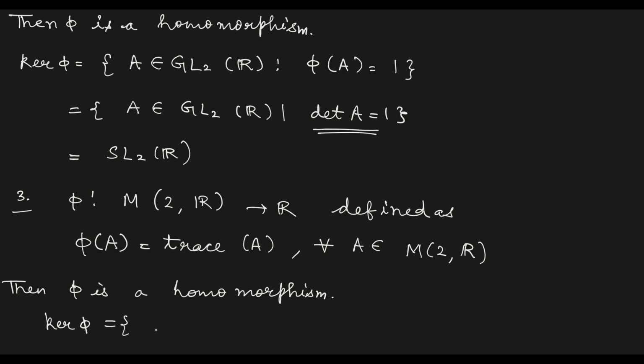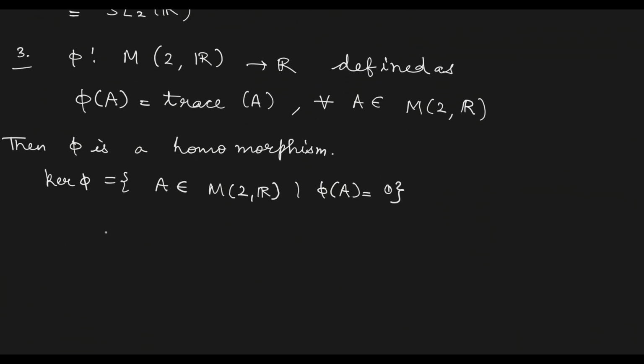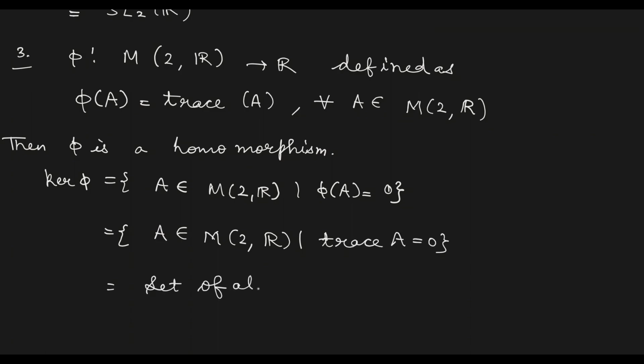Kernel phi is equal to A belongs to M2, R such that phi A is equal to the identity of the codomain, which is 0. A belongs to M2, R such that trace of A is equal to 0. So this will be the set of all 2 by 2 real matrices with trace 0.